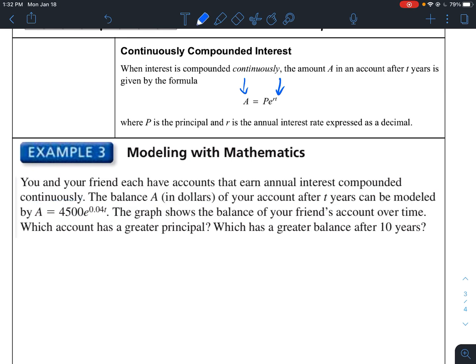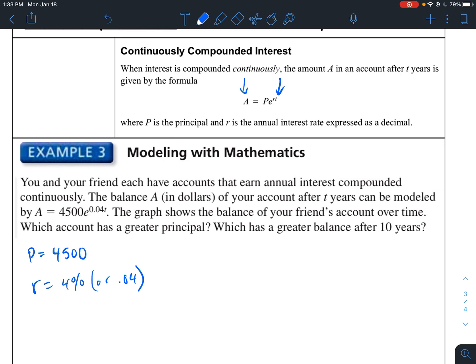This equation is the same thing as what we have up here, where P is equal to 4,500. And your rate, R, we call that 4%, or 0.04 if you're going to write it as a decimal.